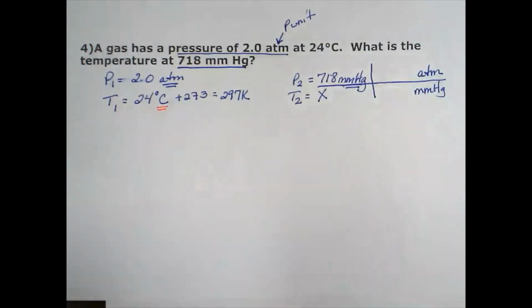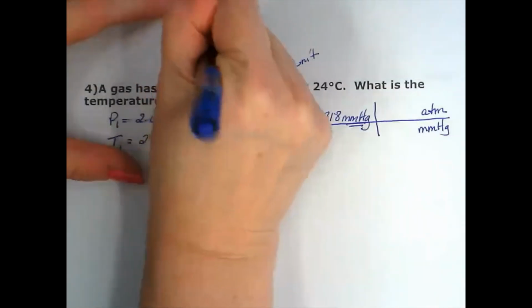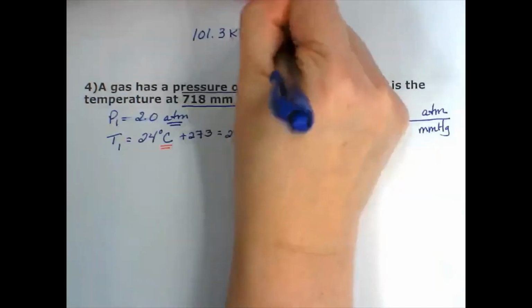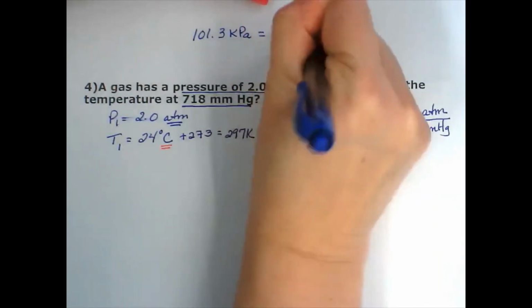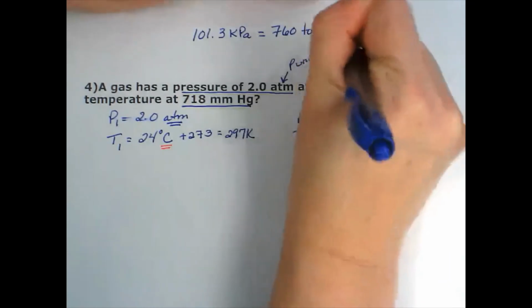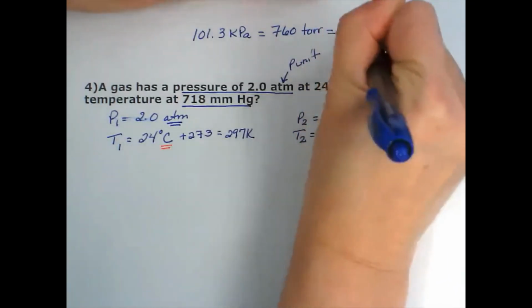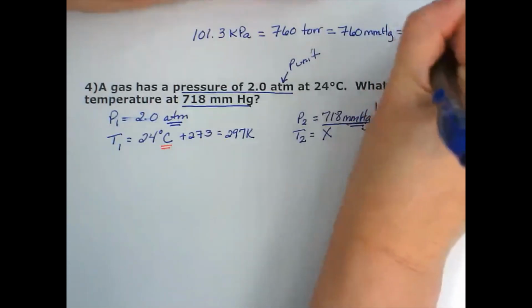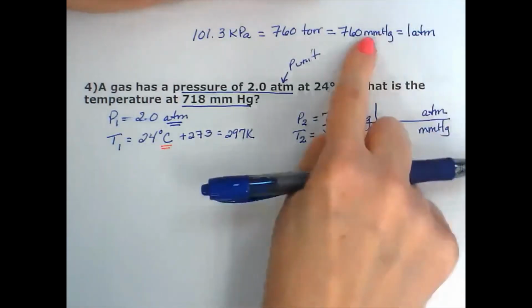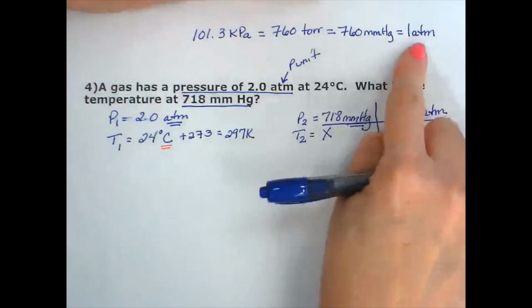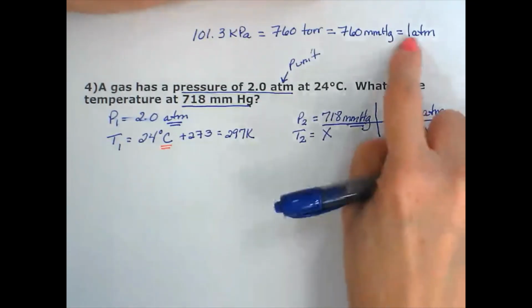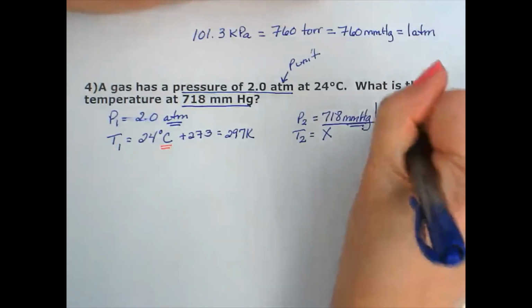All right, so we need to think back to what standard pressure equals. 101.3 kilopascals. It could also equal 760 torr. Could also equal 760 millimeters of mercury. And it could also equal 1 ATM. All 4 of these equal each other. So for the ATM and my conversion factor, I need to pick the 1.